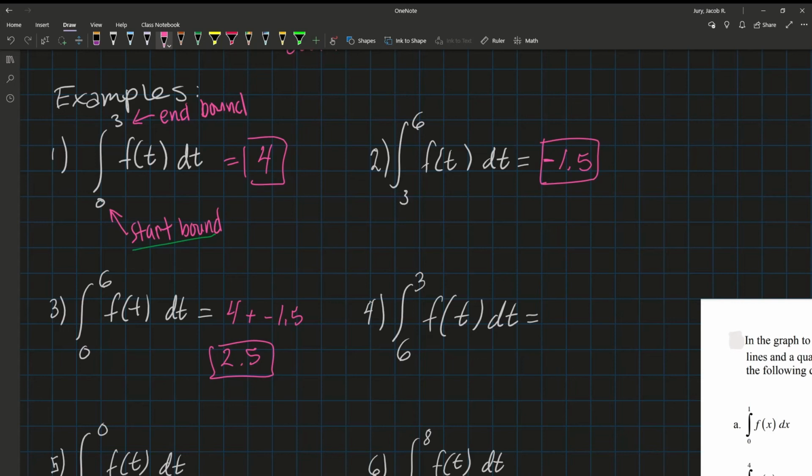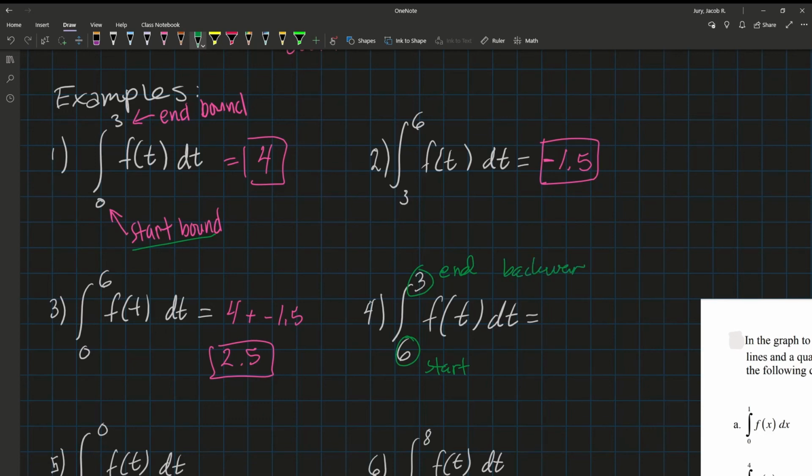Now for number 4, this one looks a little funny because I've got a start value of 6 and an end value of 3. And I want to make sure we're looking at this right.